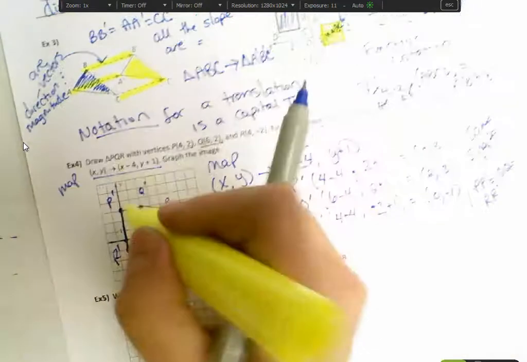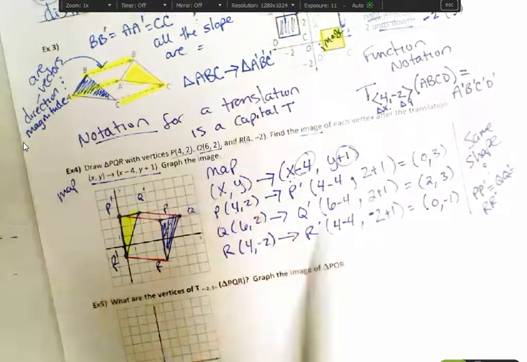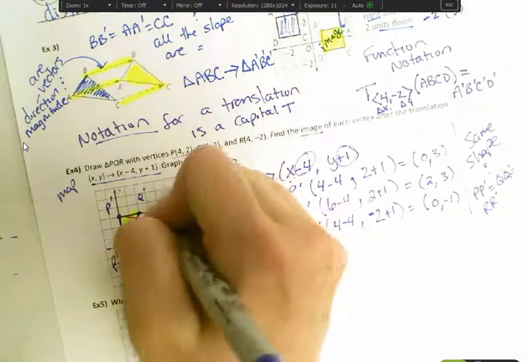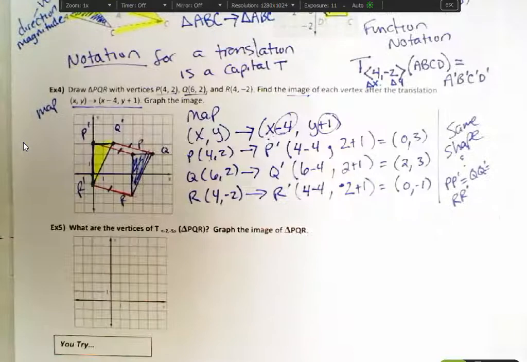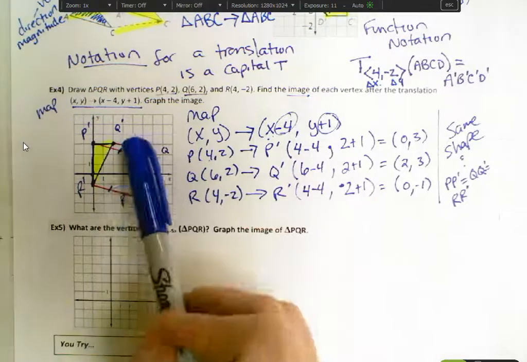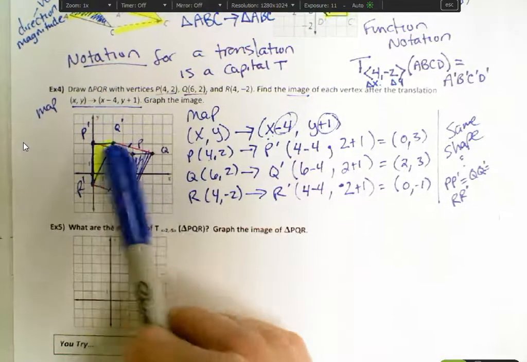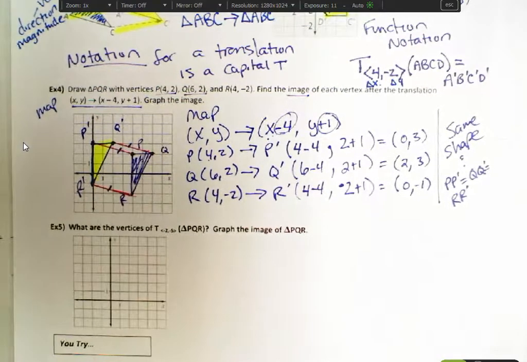This becomes my image. These should all be the same distance, so I'm going to mark those all congruent. If I wanted to prove that this was a translation, then I would show that all the sections between the new image and the old image, all the vertices, are the same length.